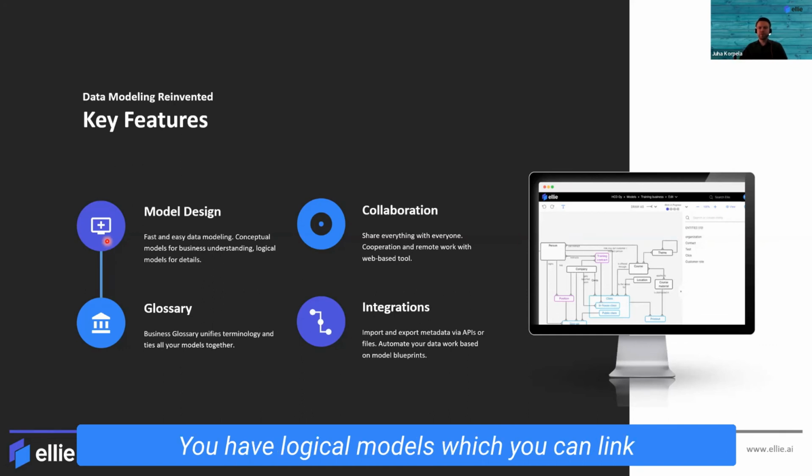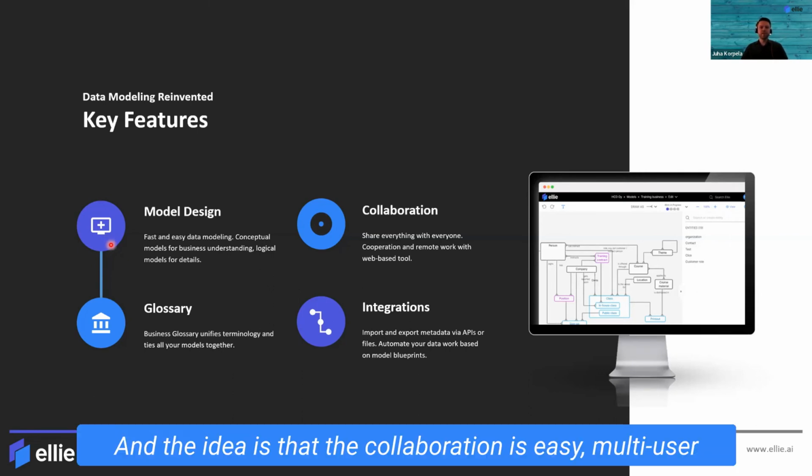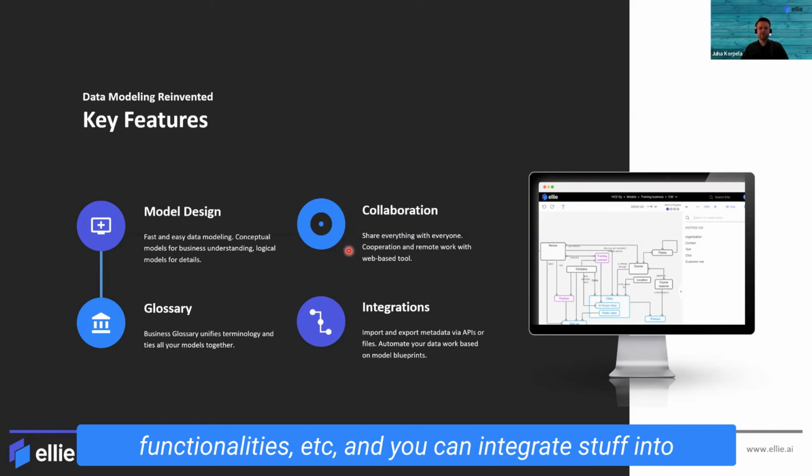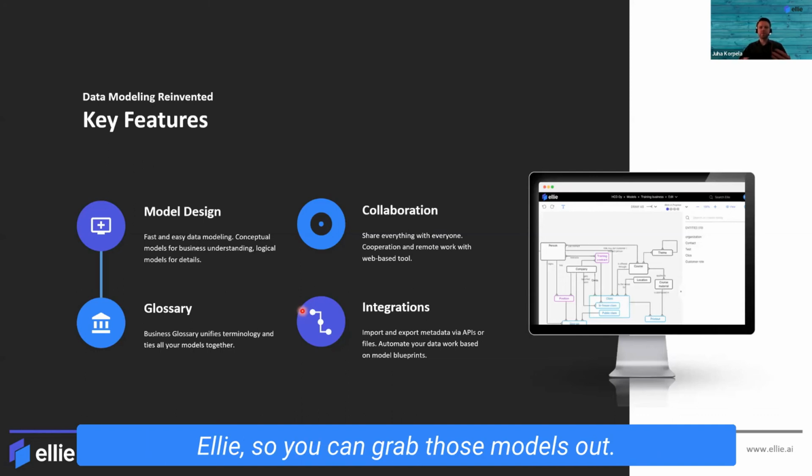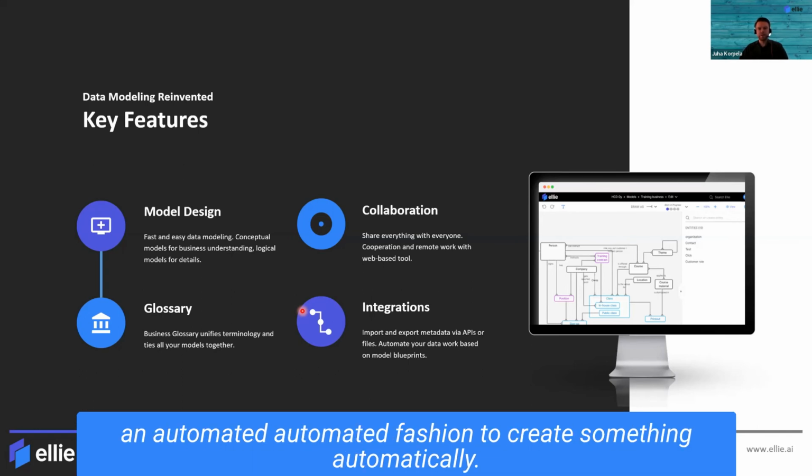You have logical models, which you can link up with these conceptual entities so that you understand what the logical model is about. And the idea is that the collaboration is easy, with multi-user functionalities, etc. And you can integrate stuff into Ellie, so you can grab those models out. And as we saw in that example a couple of slides ago, basically already utilize that in an automated fashion to create something automatically.